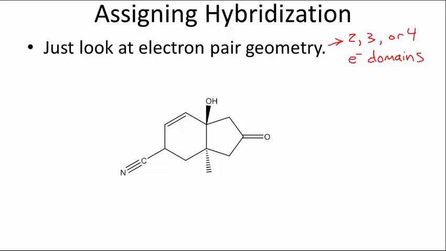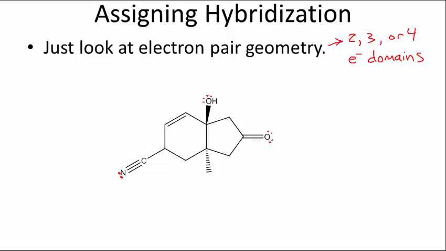So one thing you're going to want to do when you look at a molecule and you're trying to assign hybridization, you need to imagine what's not showing. So what's not showing in a skeletal structure like this? All right, carbon atoms aren't showing, hydrogen atoms aren't showing, and there's one more thing that's there, but we don't draw it in. Lone pairs, yeah. So you might want to draw in your lone pairs explicitly.